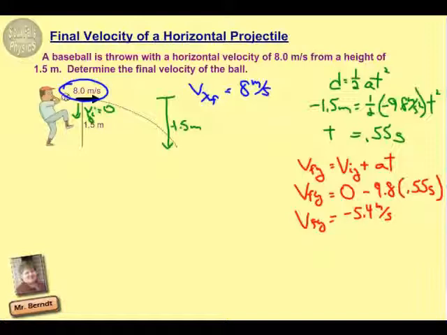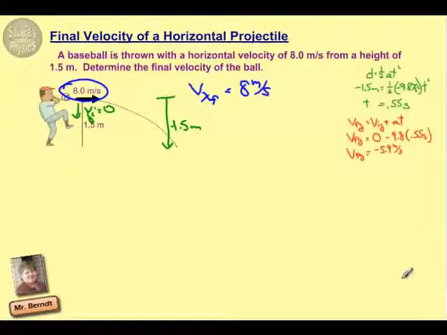Now that we have these two velocities, we need to put them together. To do that, we should probably draw a little picture. What we have here is an initial velocity in the x direction, and actually it's our final velocity also. So let's put that down, Vx final, which is going to be 8 meters per second. And from the head of that, we're going to put our y velocity.